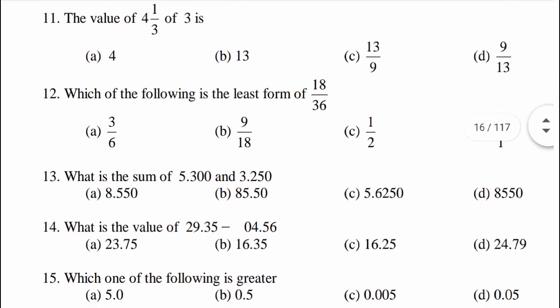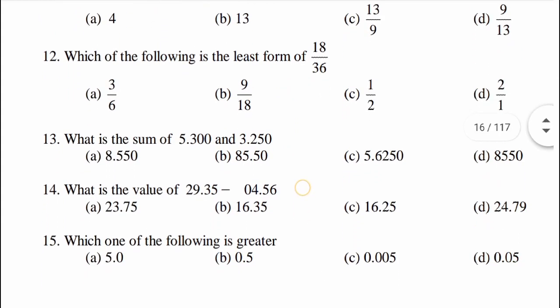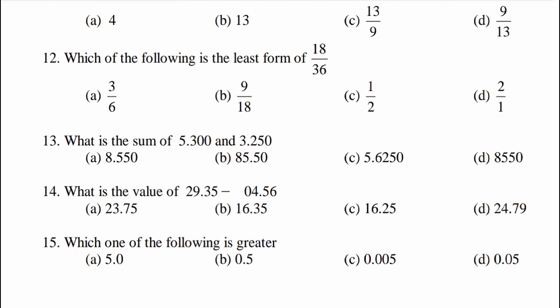Which of the following is the lowest form of 18 upon 36? So first of all, we simplify this fraction. So we will get the lowest form of it. And how to do simplification?